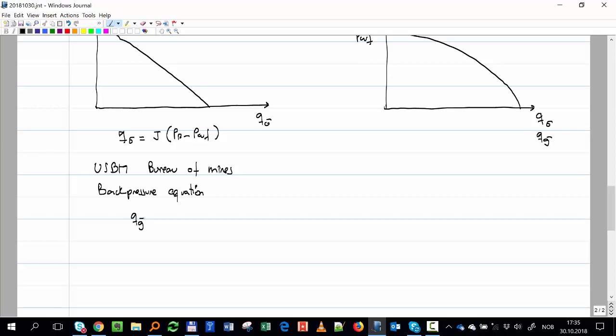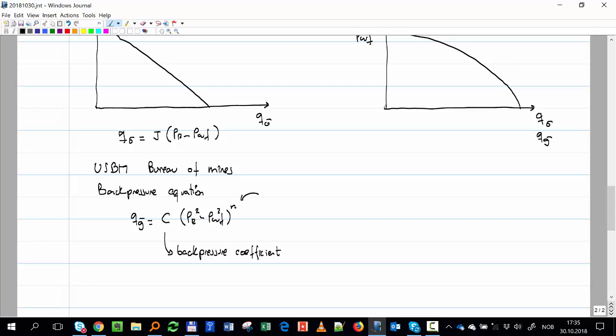It looks like this. QG at standard conditions will be a constant C, which I call the back pressure coefficient, times PR squared minus PWF squared, to the power of n.